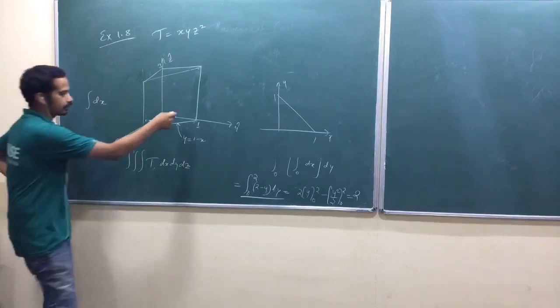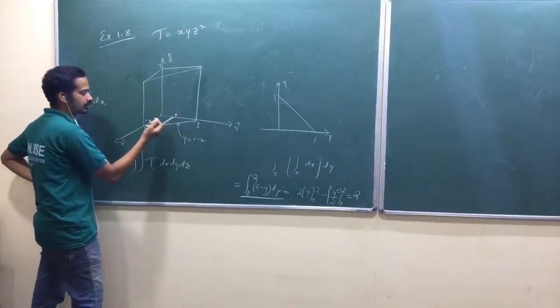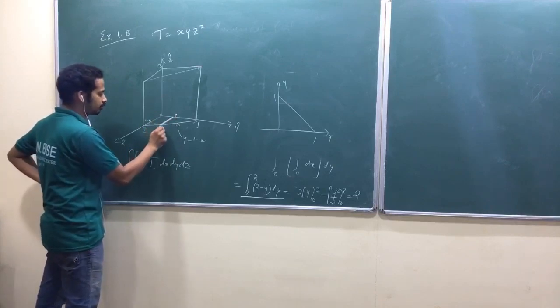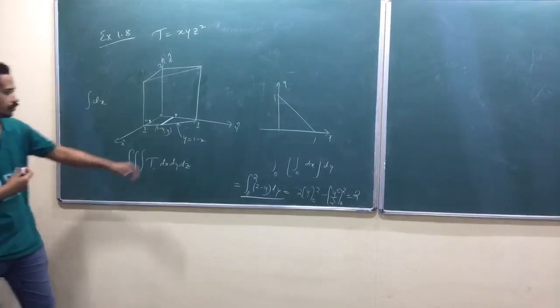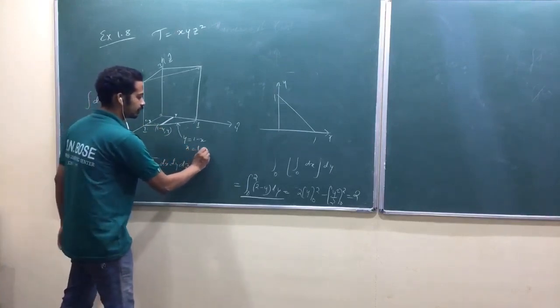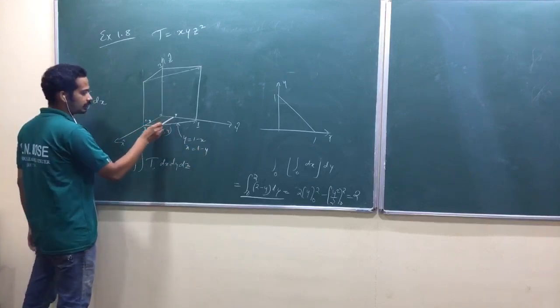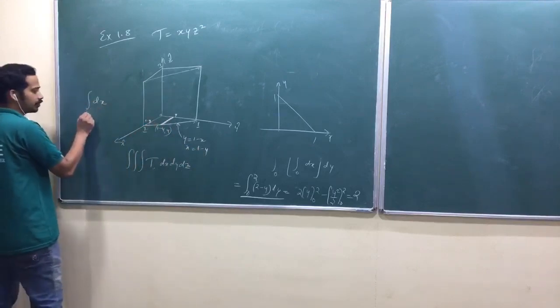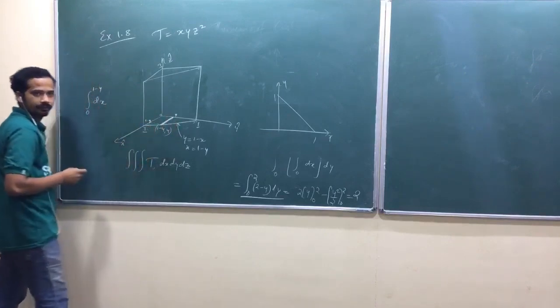You can write this coordinate as 1 minus y comma y, x comma y, x equal to 1 minus y. So that's why I'm finding this length. I have to integrate x from 0 to 1 minus y, and then you will get this length.